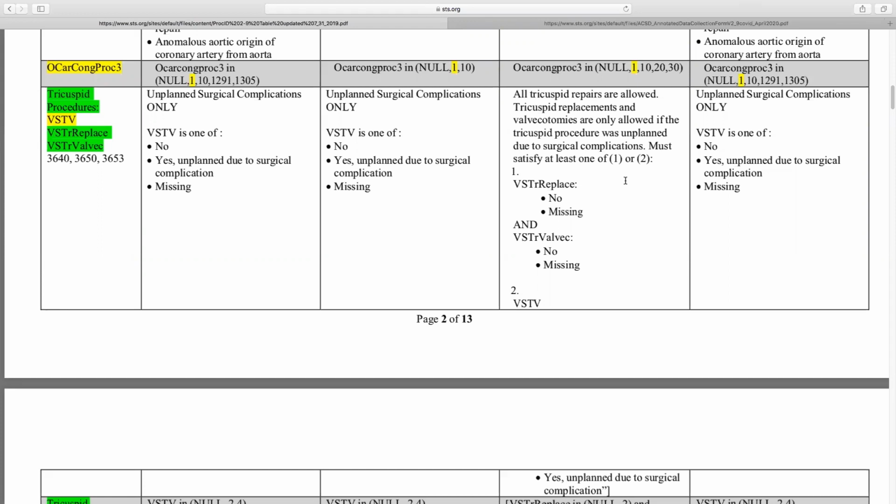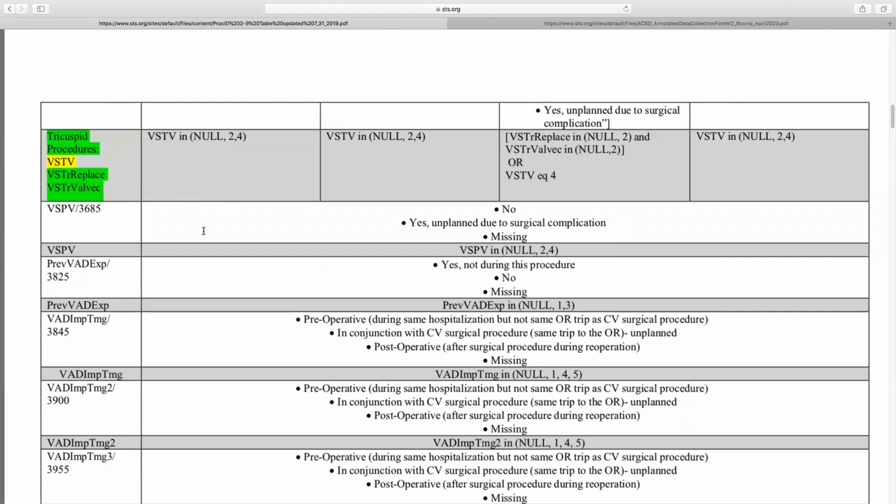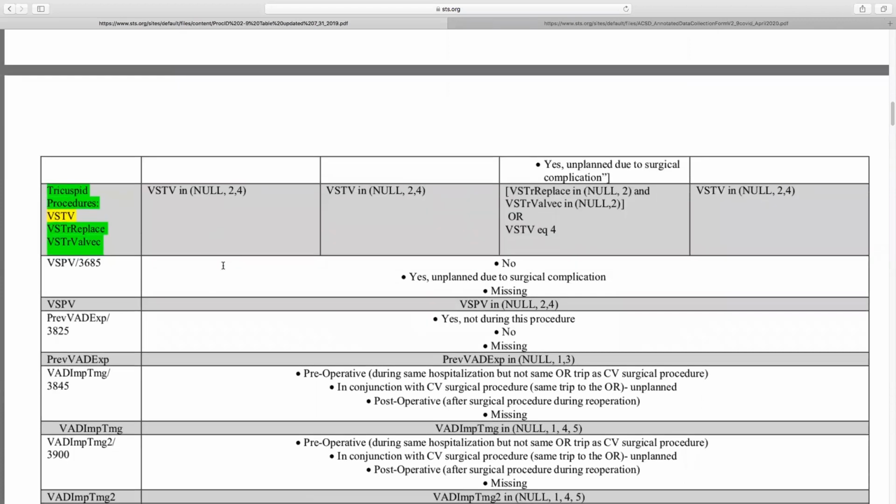That allowed us to keep these cases in so we would have a bigger denominator, which allows for better analysis. When you have a larger number, you can look at outcomes a little bit better.